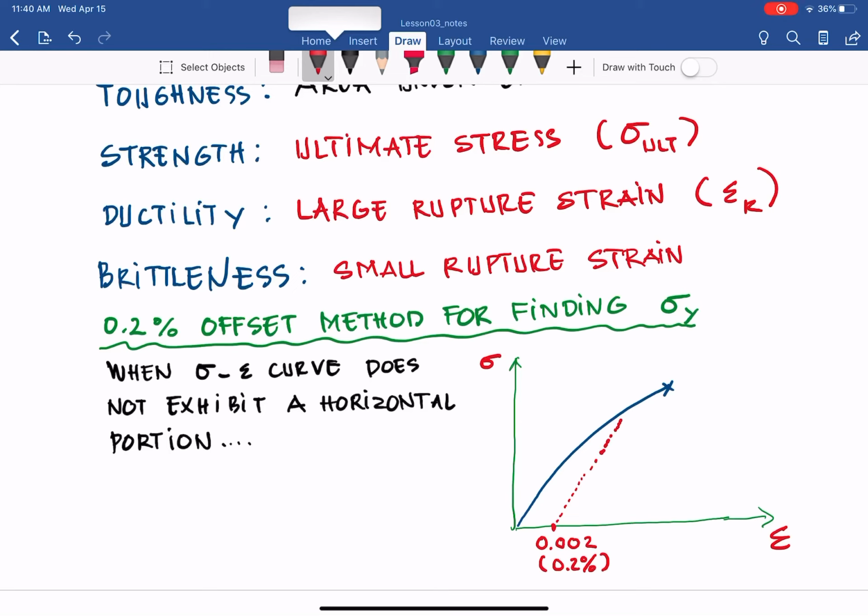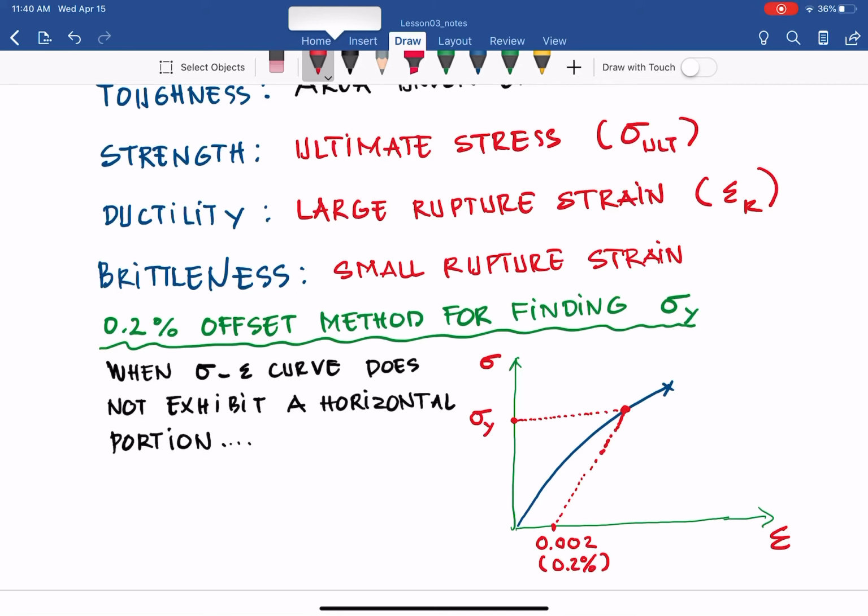Wherever it hits the normal stress, normal strain curve of that material, you go back to the vertical axis here, and that is how you find the sigma yield.